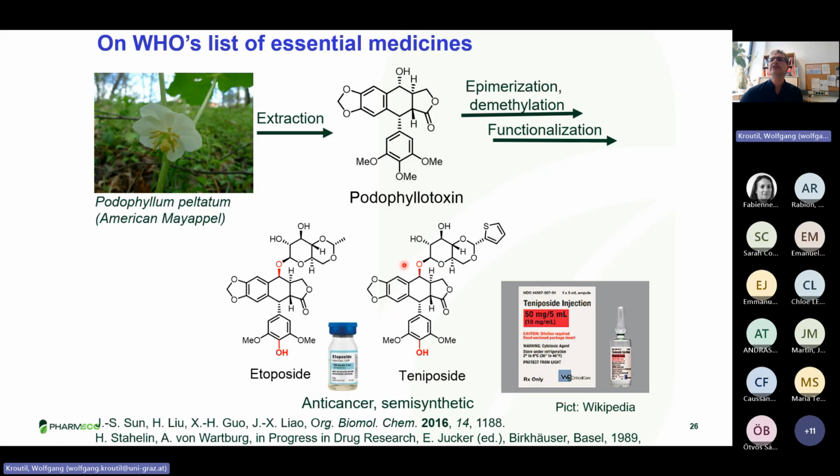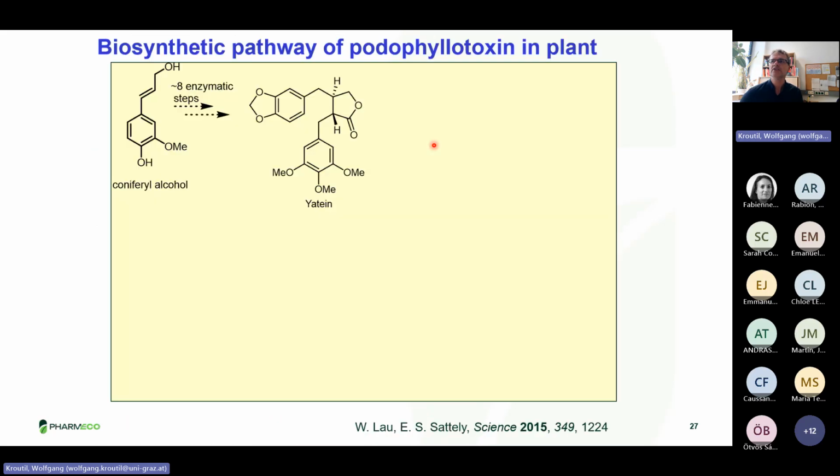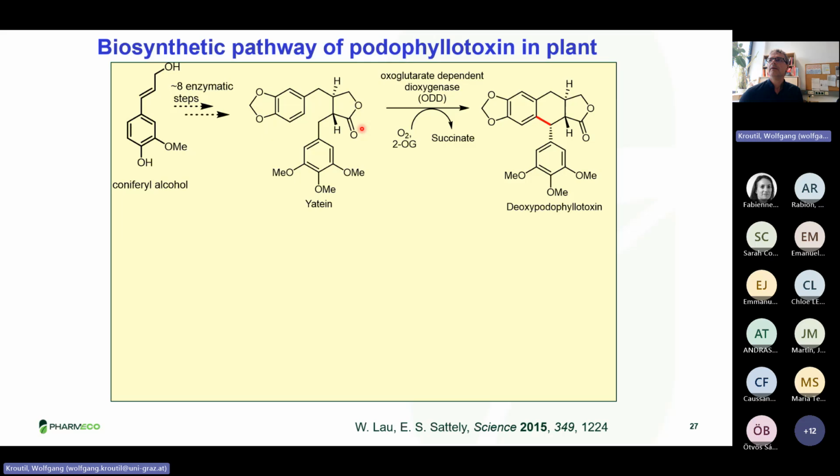Actually, nature makes this podophyllotoxin in a rather long sequence, starting from coniferyl alcohol, making yatein. So there is no hydroxy there yet. Then an enzyme is used for this CC bond formation at the expense of molecular oxygen and chlorate.